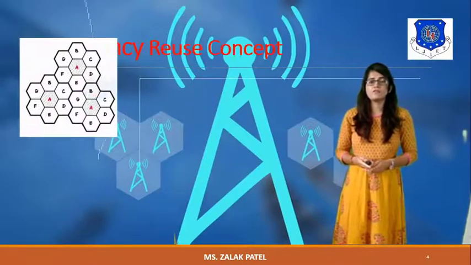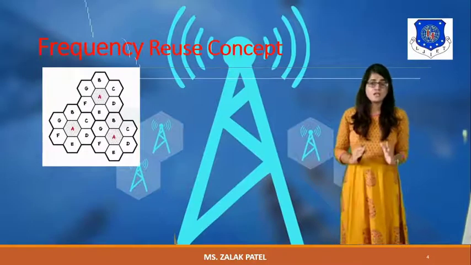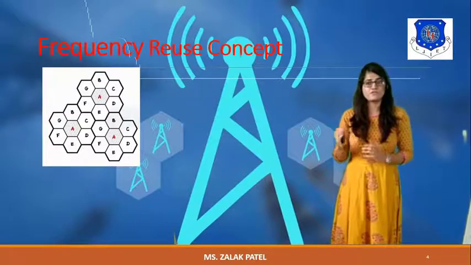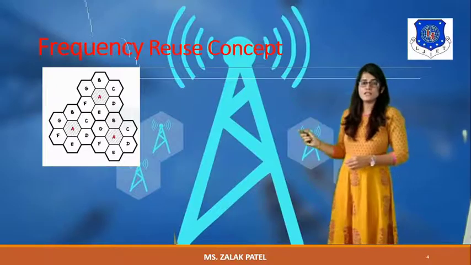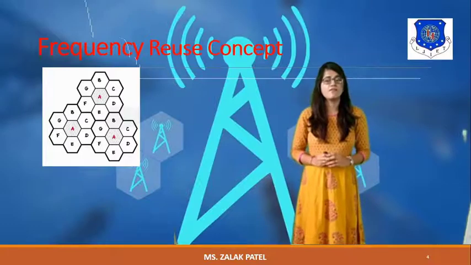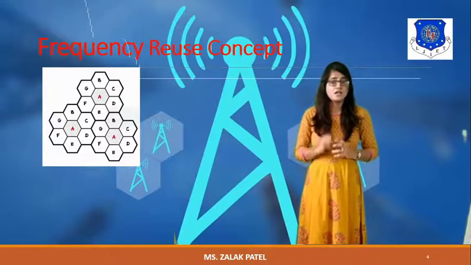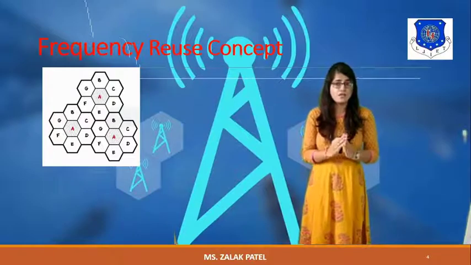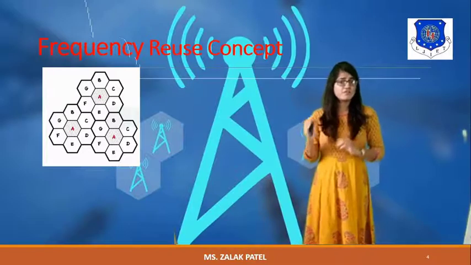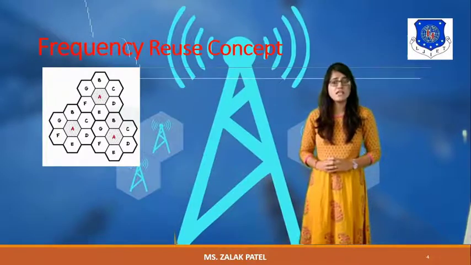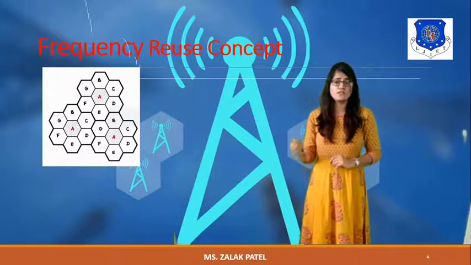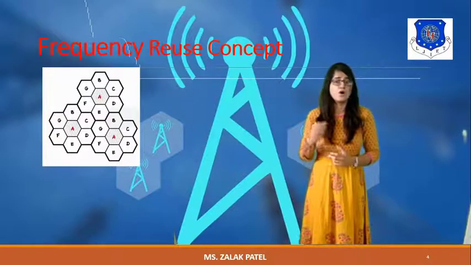Next is the frequency reuse concept. Frequency reuse is mostly the selection and allocation of frequencies under different channels. In this figure, you can see that a number of cells are used here. These cells are divided and named A, B and C. Now if we choose the case where all cells named A use the same set of frequencies, then we can say that resource wastage is not possible, and it is always desirable.